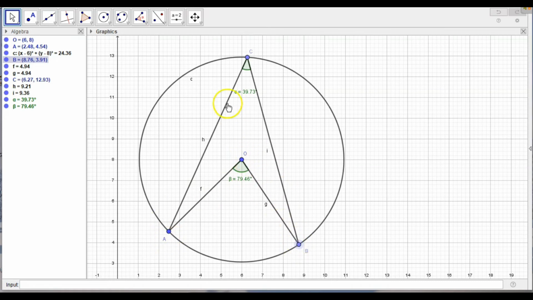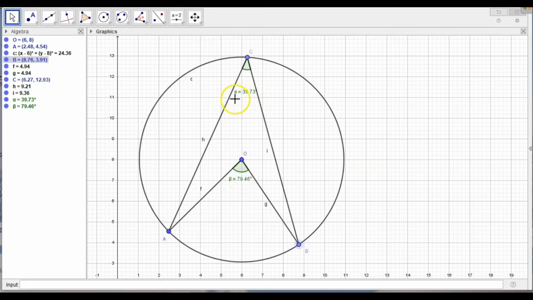Now, if you look at angle ACB, which has been given as alpha, which is equal to 39.73 degrees, and when we consider angle AOB, which is labeled beta in the diagram, then it has a value of 79.46.